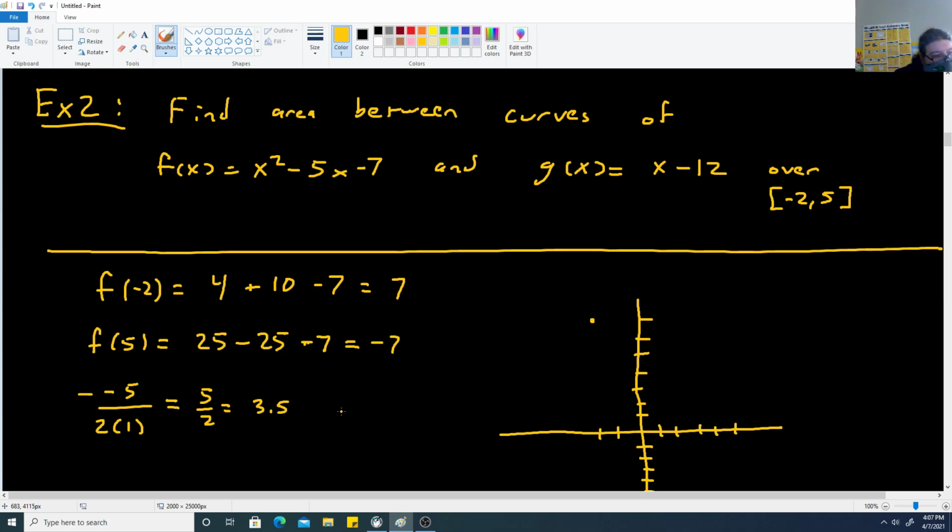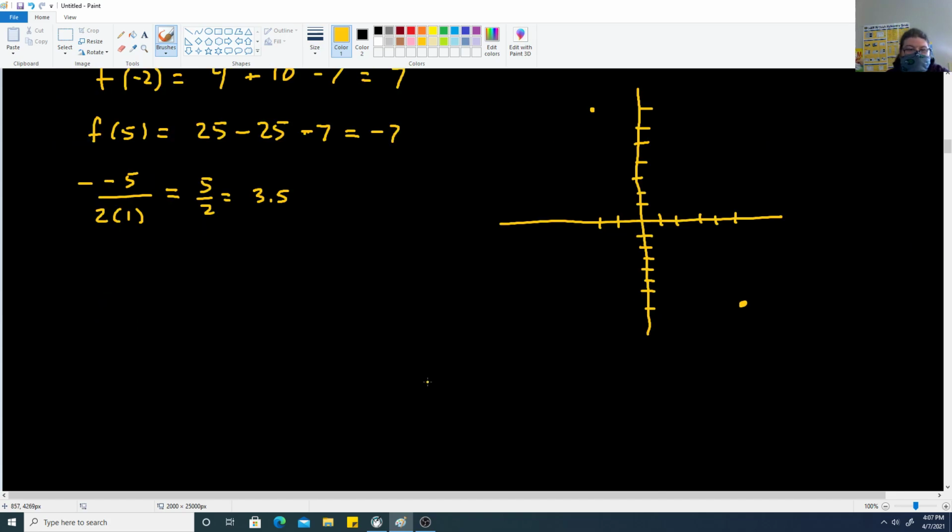And then we want to find f of 3.5. So I'm going to do that in the calculator real quick just to speed stuff along here. So we get 3.5 squared minus 5 times 3.5 minus 7 is, let's see, what is that? Negative 12.25. Okay, so I guess this is okay.